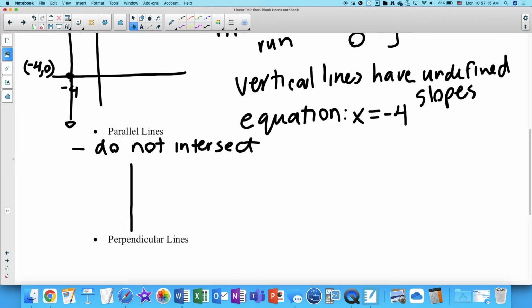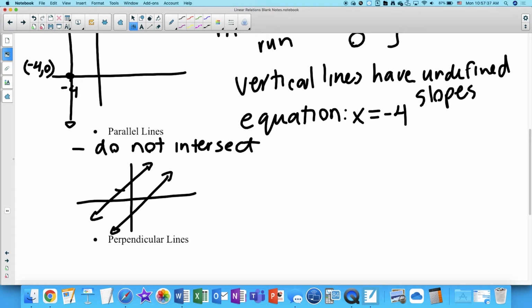Now, if we look at lines that are parallel, what do you think that means about their slopes? Rise over run. Yeah, Anna. They are equal to one another, exactly. Parallel lines have equal slopes.